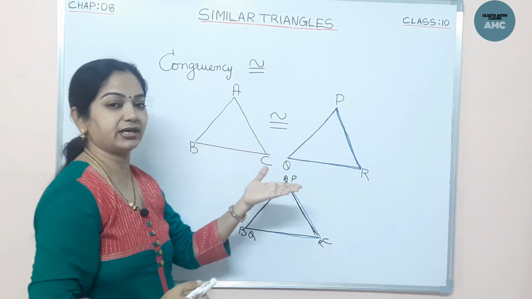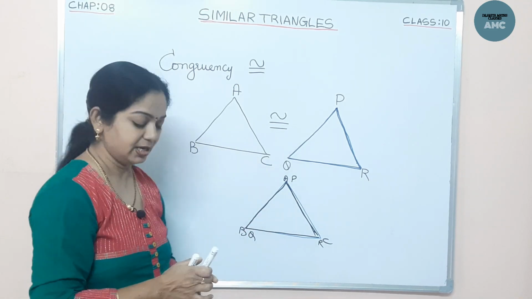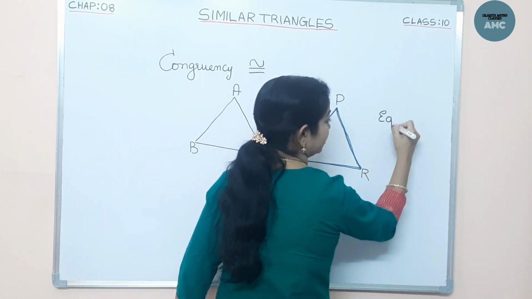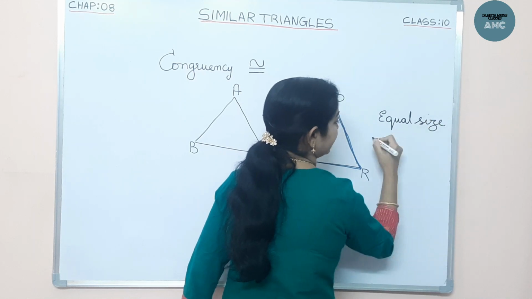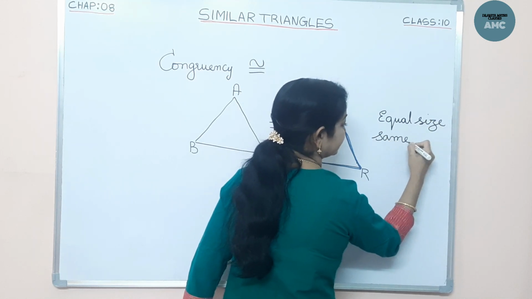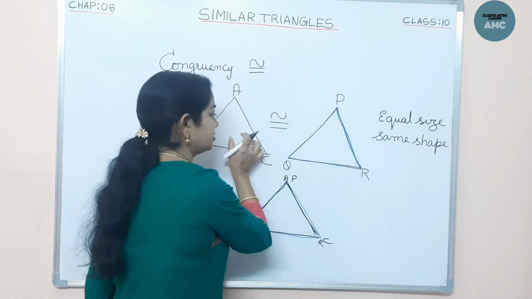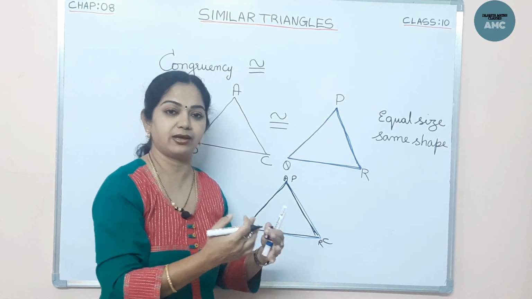Such triangles or such geometrical figures are called congruent, having equal size or same size and same shape. Shape in the sense, this is triangle, this is triangle. We are not taking another polygon wherein it is a square or something.